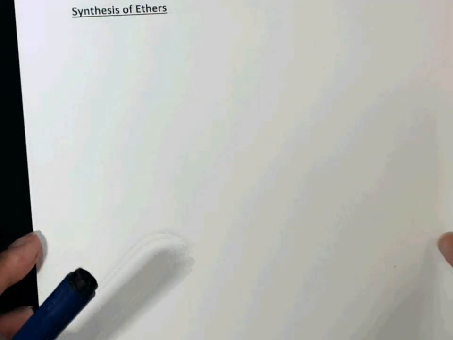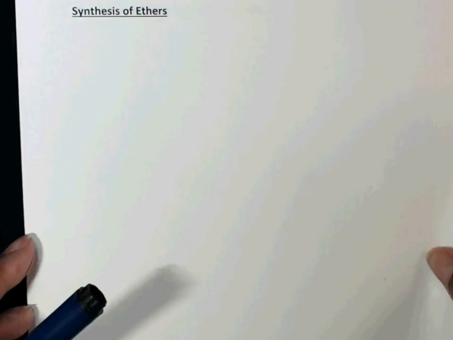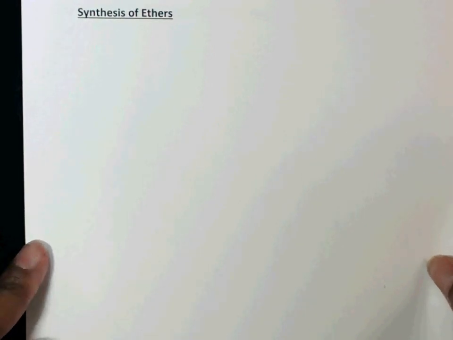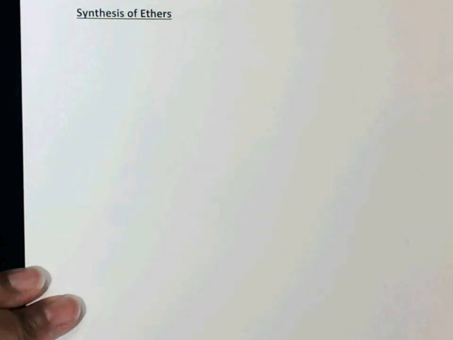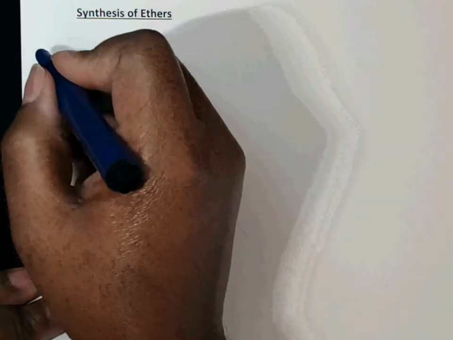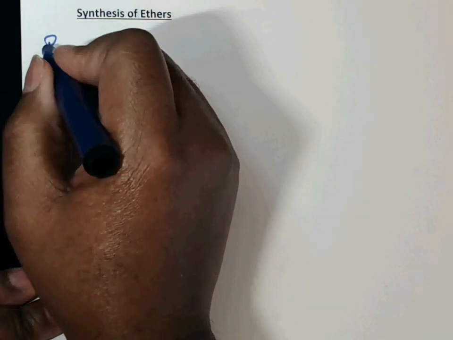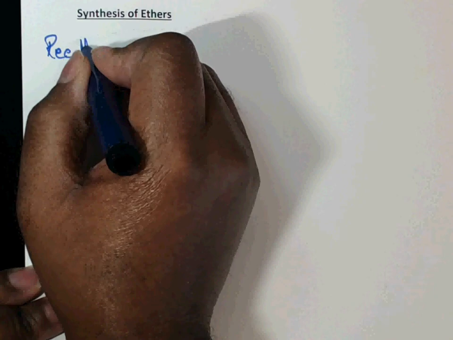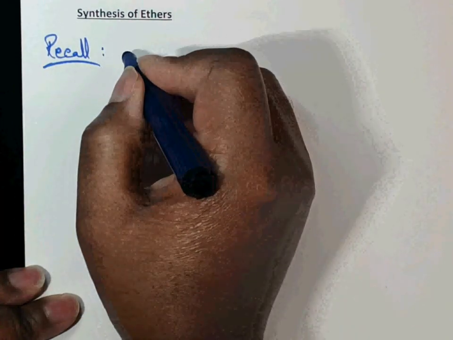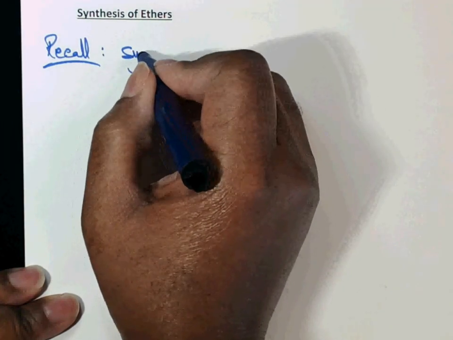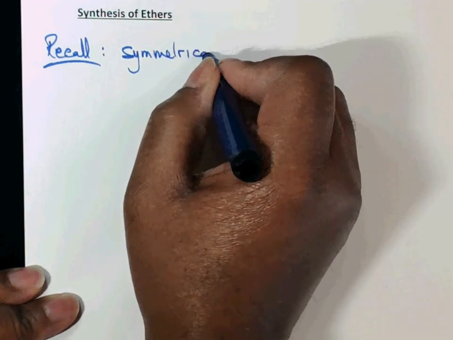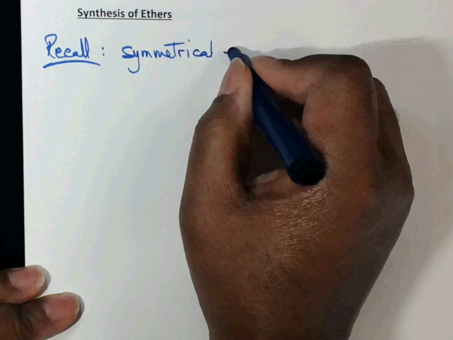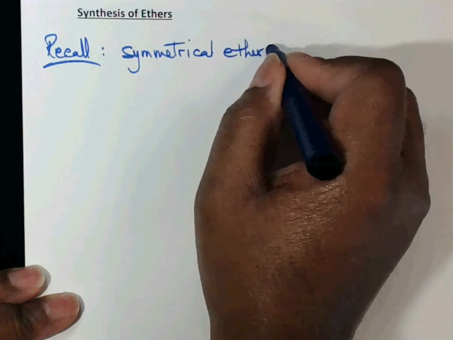an ether? Well, we've already talked a little bit about making ethers, particularly the symmetrical kind. So I'm going to start with the symmetrical ethers. And we actually saw those in the last chapter.